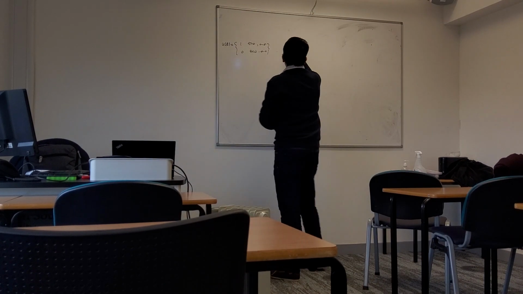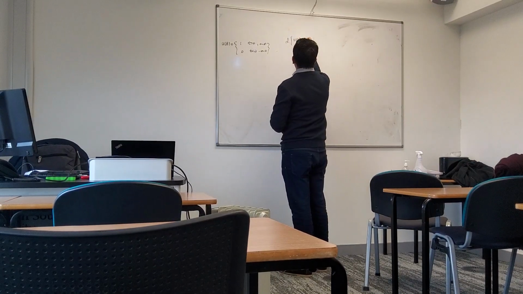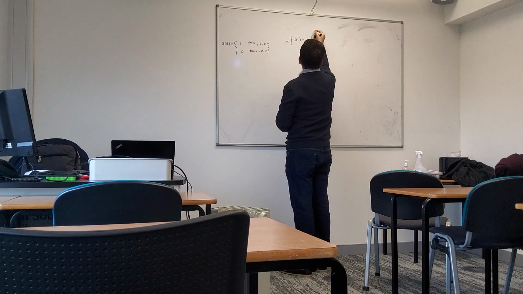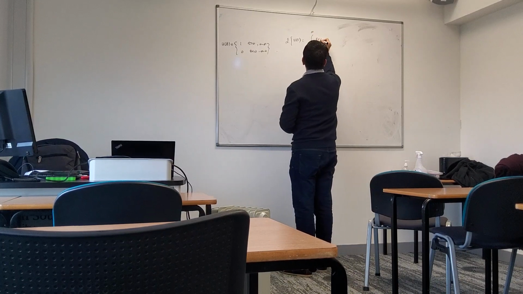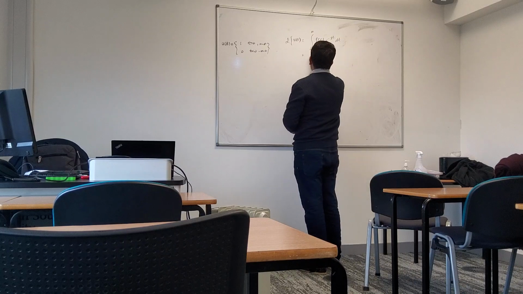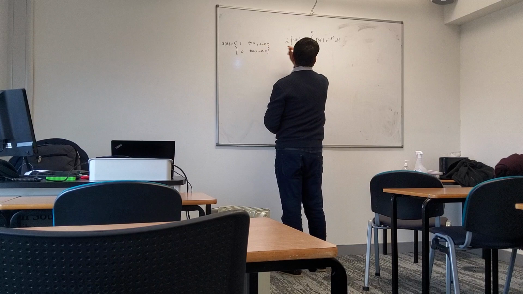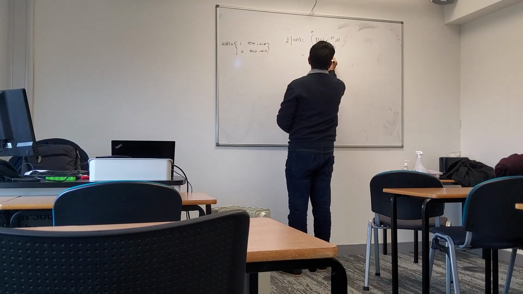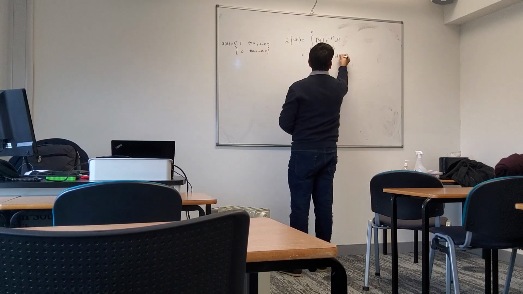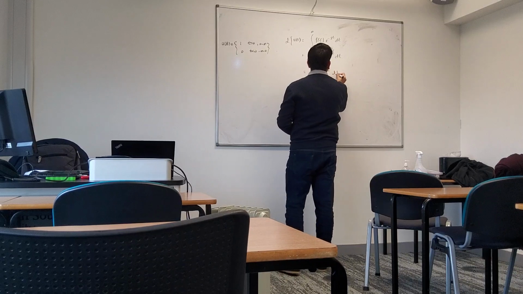Okay, so if I want to find the Laplace transform for u of t, it would be the integral from 0 to infinity of f of t e power minus st dt. I know that the unit step function has value 1 from 0 to infinity, so I will put it as 1 times e power minus st dt. So finally, the integral from 0 to infinity of e power minus st dt.